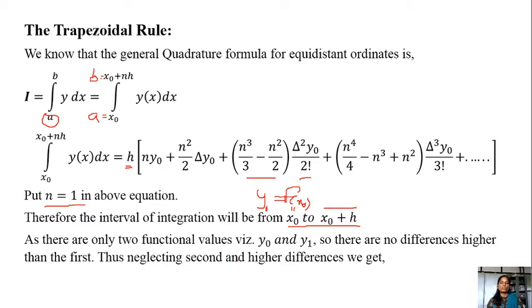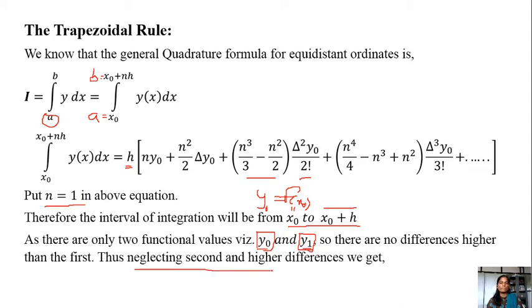As there are only two functional values, y0 and y1, there are no differences higher than the first. So we neglect second and higher differences, because in our hand we have only two functional values y0 and y1, and therefore the second and higher differences are 0.